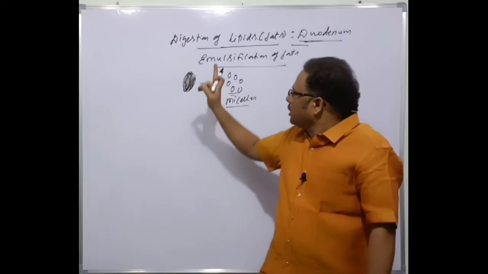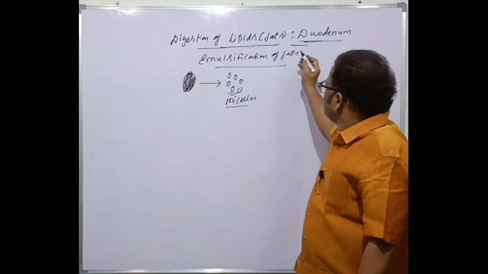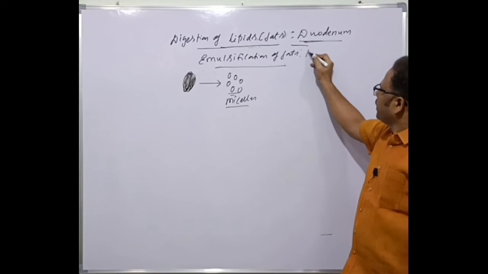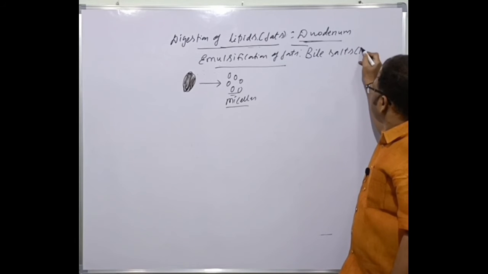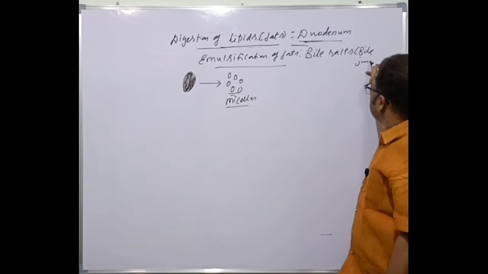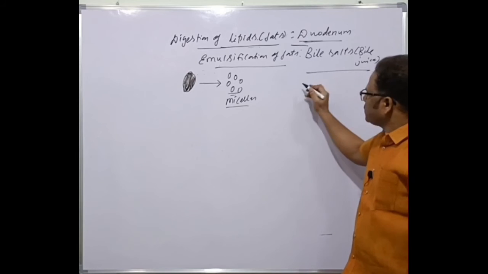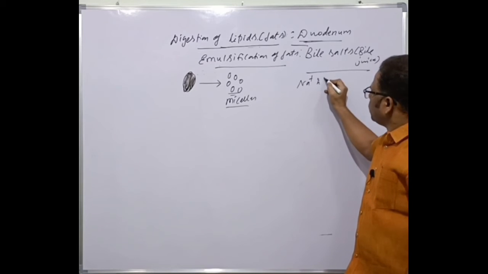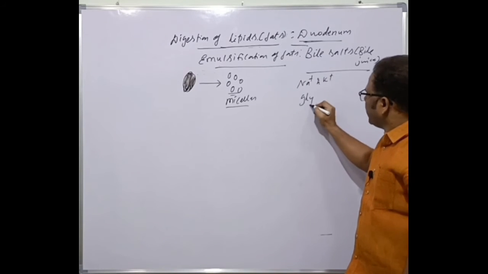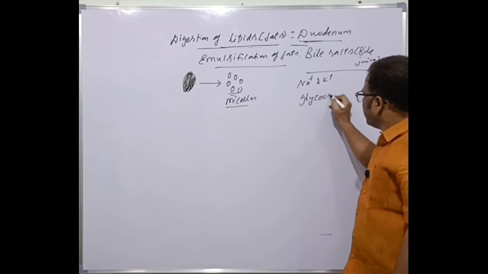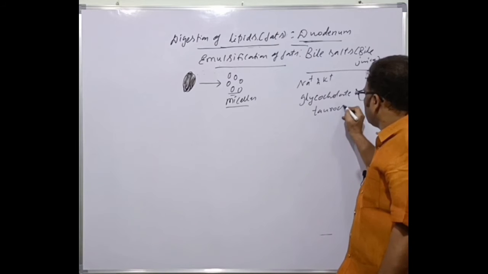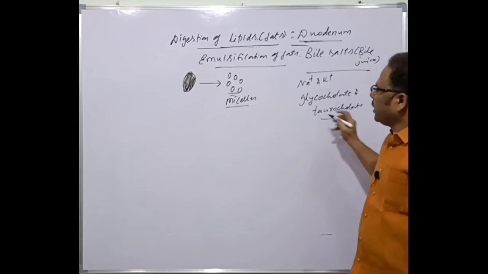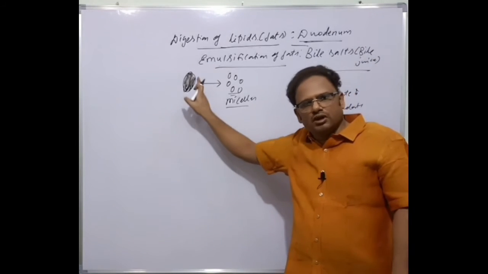Emulsification of fats is done by the bile salts secreted in the bile juice. What are the bile salts? Sodium and potassium glycocholate and taurocholate. These are called bile salts, which are necessary for the emulsification of fats.